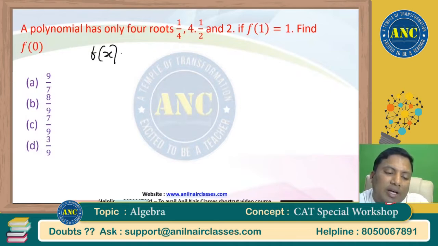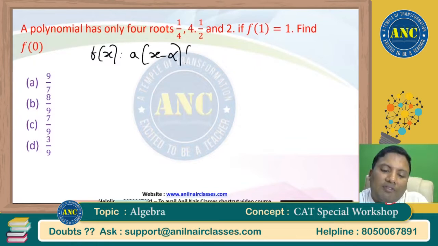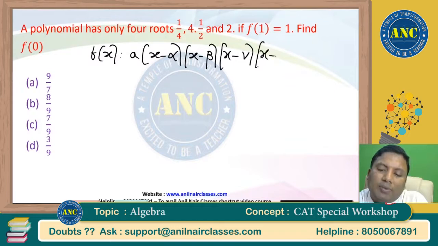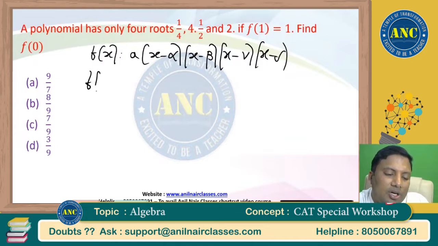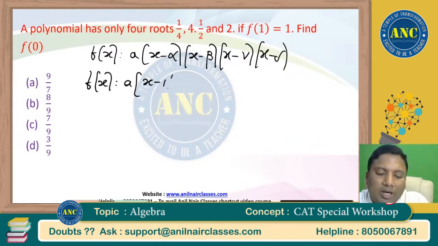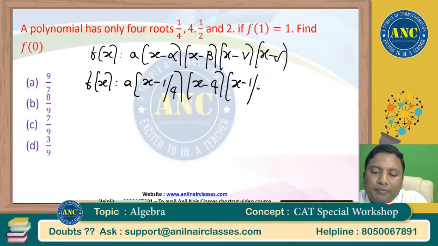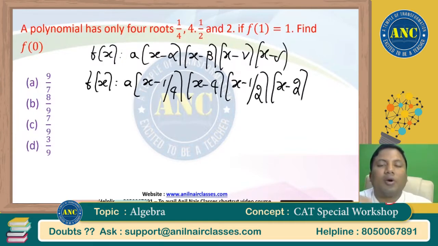So this can be written as f of x is a into (x minus alpha), (x minus beta), (x minus gamma) and (x minus delta). Alpha, beta, gamma values are given in the question. So f of x is nothing but a into (x minus 1 by 4), (x minus 4), (x minus 1 by 2) and (x minus 2). Till here I hope it is clear.